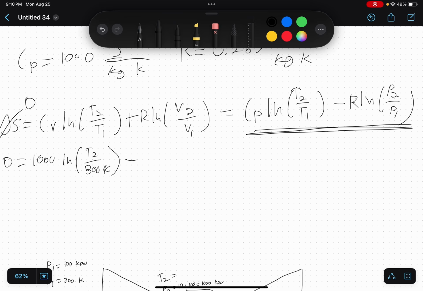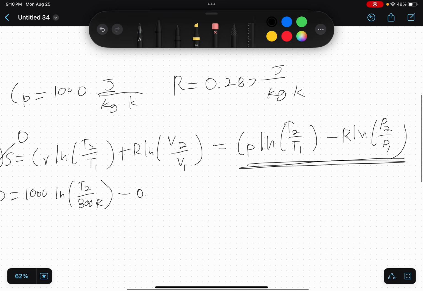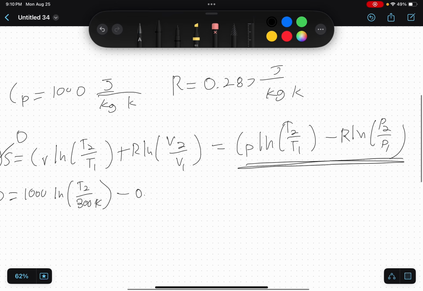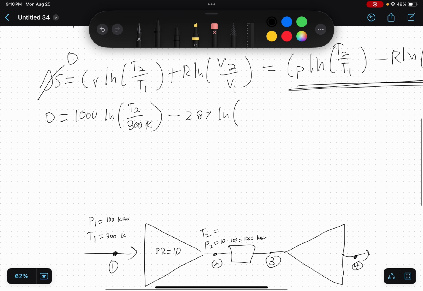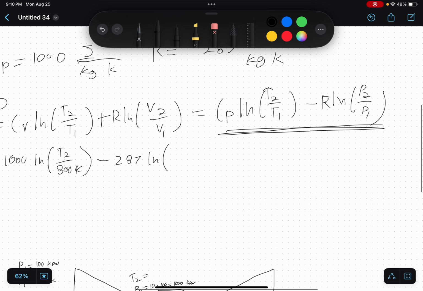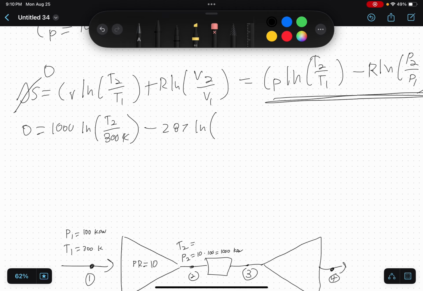Minus R, which in this case would just be 287, times ln of the pressures, P2 over P1, which is 1,000 over 100.